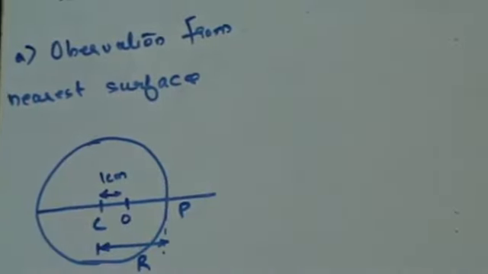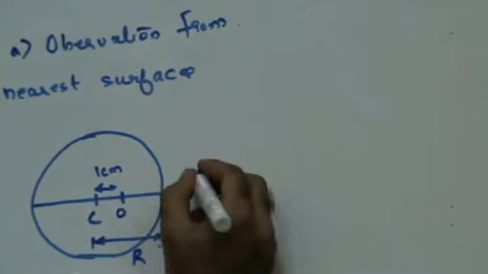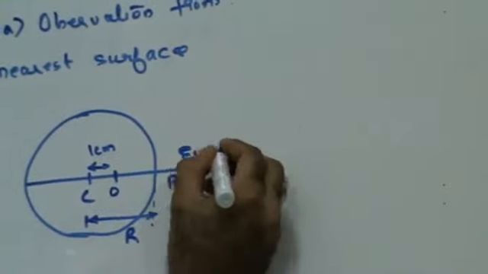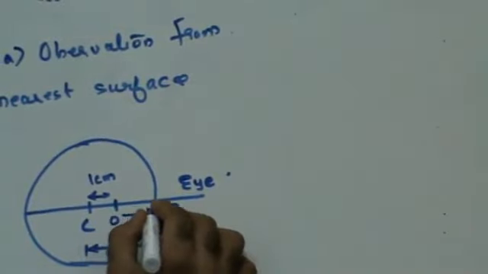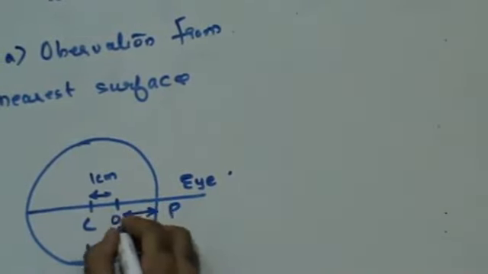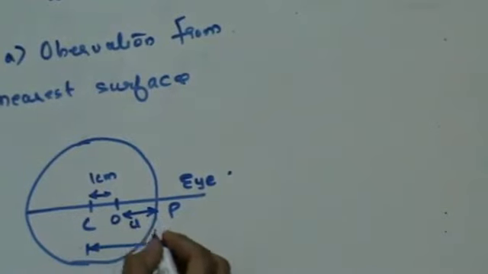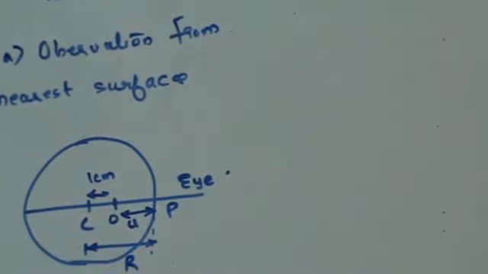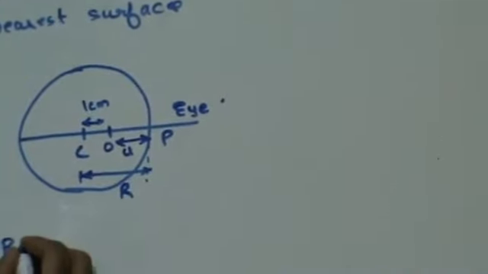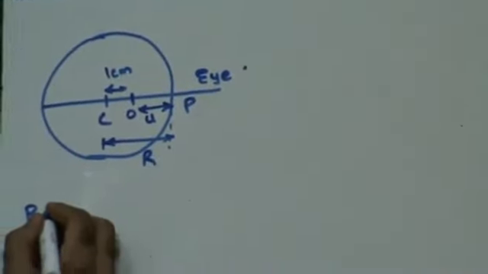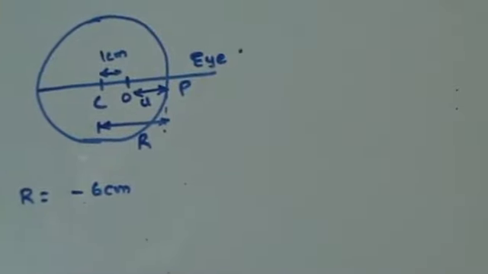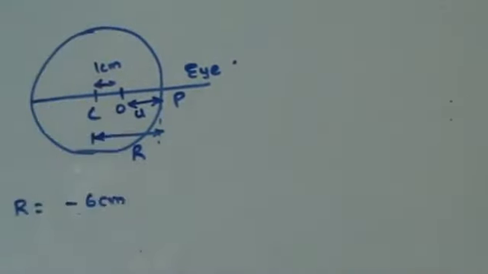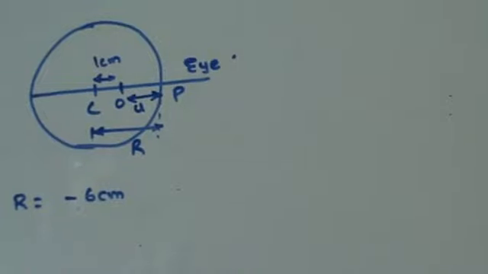It is at a distance of 1 centimeter from the center, and if I am looking at it from here, my eye is outside the sphere, that means the distance of the object from the sphere, U, is going to be 5 centimeters. So I can say radius is going to be minus 6 centimeter as per sign convention because the sphere is being drawn from the left hand side, nearest surface.